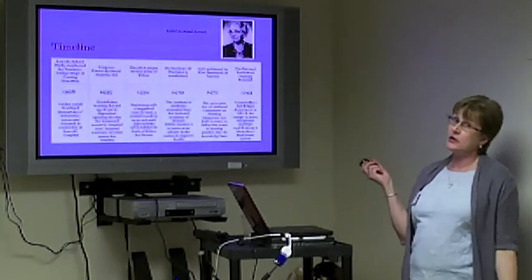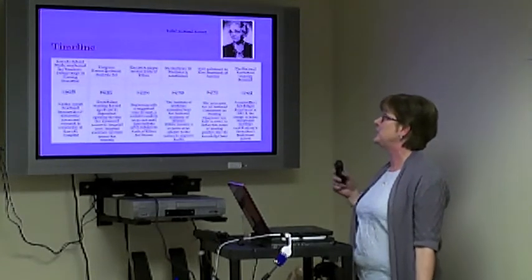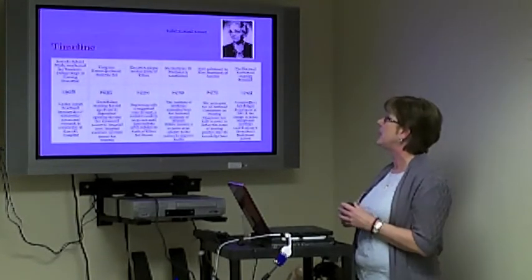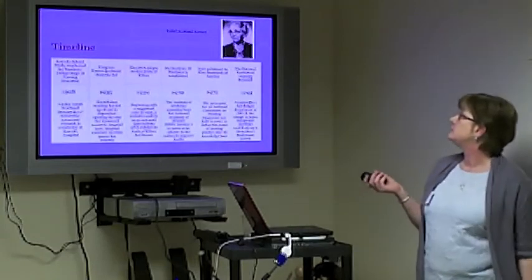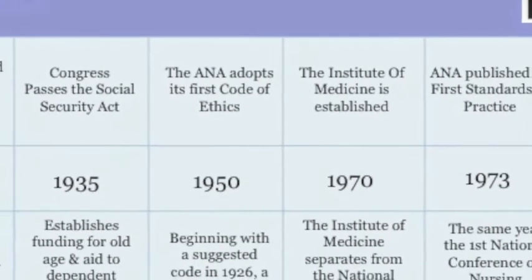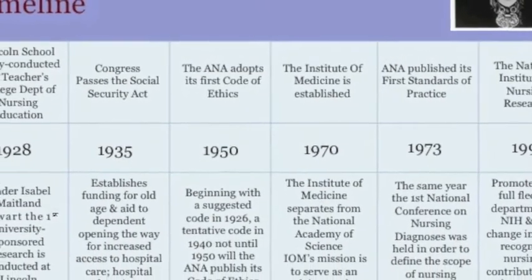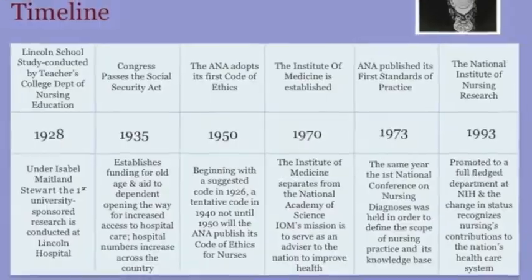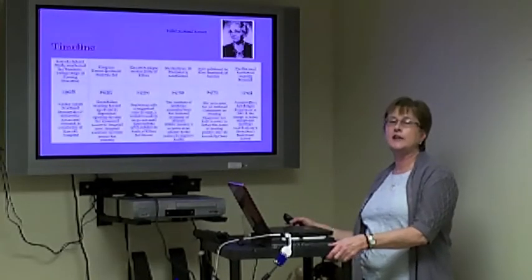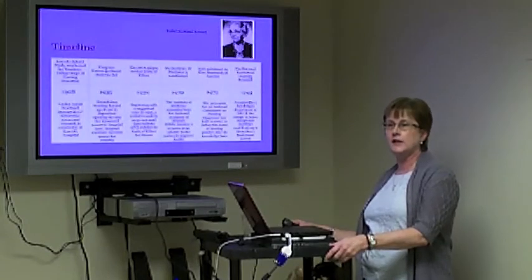I have to take some big jumps in time here because I'm telling you, when you go online and look up the timelines for things, you're really just amazed by it. But the American Nurses Association, it took them all the way up to 1950 to develop their code of ethics. They actually started in '26, and then in '40 they had a tentative code, but people just didn't come to agreement until 1950.